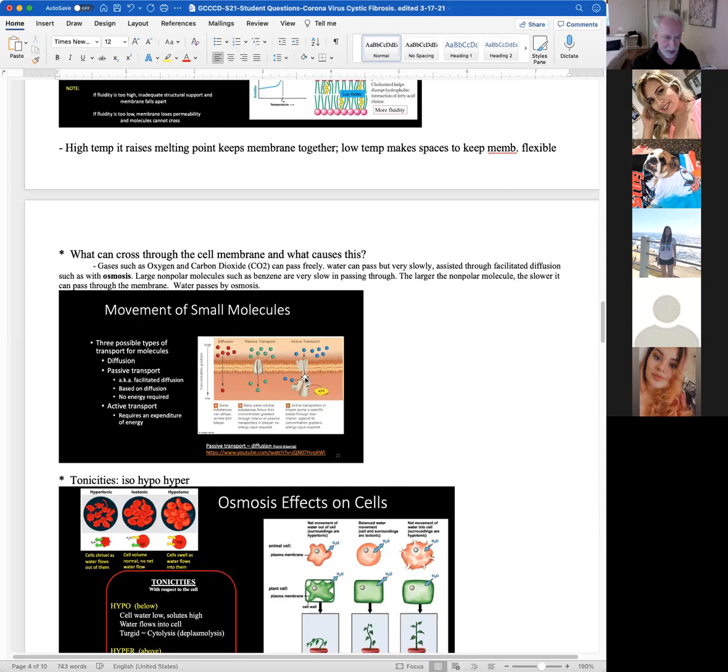And notice that now the movement is against the concentration gradient, where you have a high concentration here of blue balls outside the cell, low concentration inside, and yet this transporter is moving them against the concentration gradient. It's moving them from low concentration to high, and it's hydrolyzing ATP to release energy in order to do that.